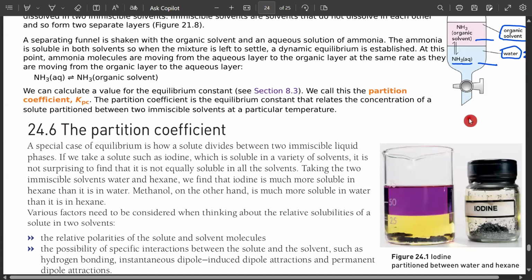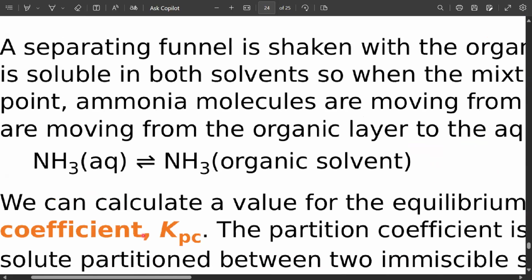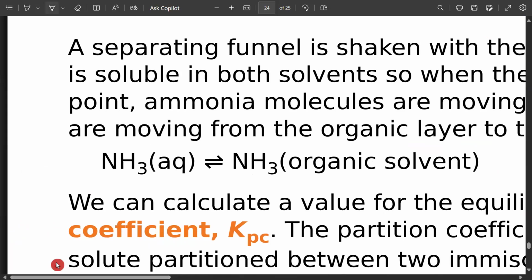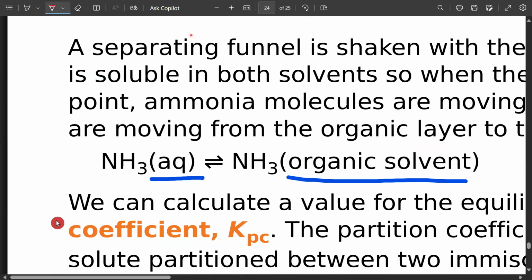So it is considered that for a chemical equation, you should always write the aqueous form on the left side and the organic side on the product side. In all cases, you will have these two combinations, aqueous and organic. Aqueous is in every case water, but organic is not fixed.